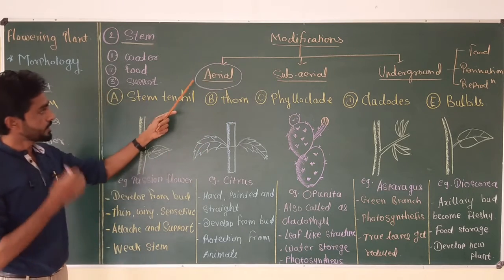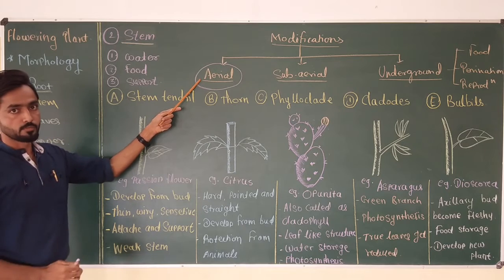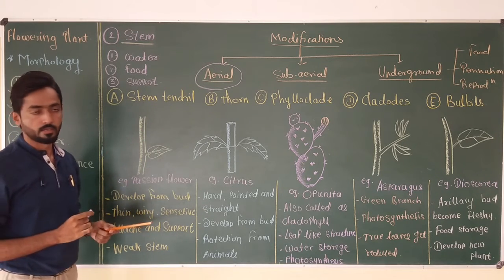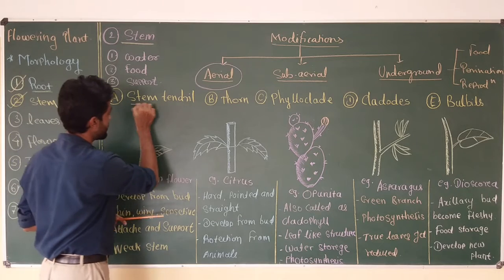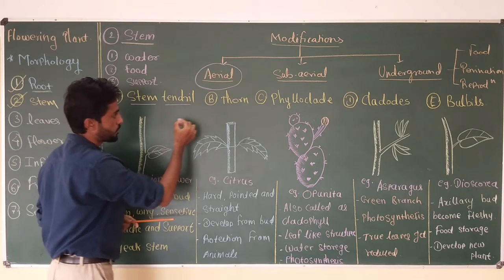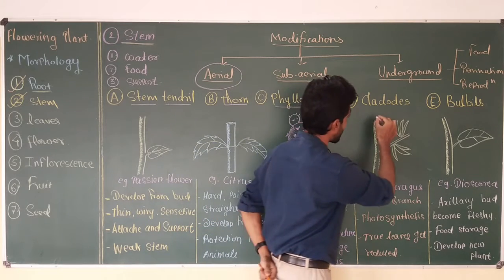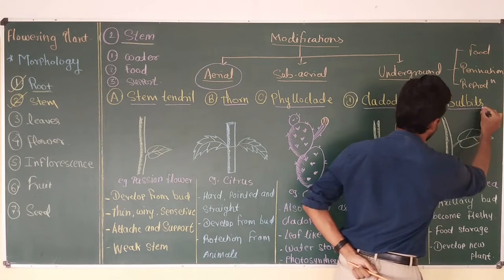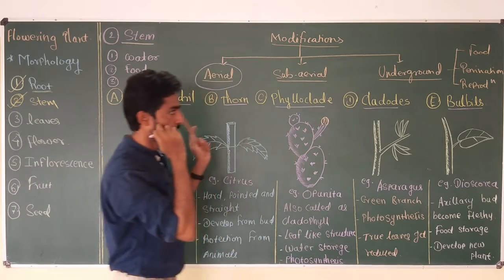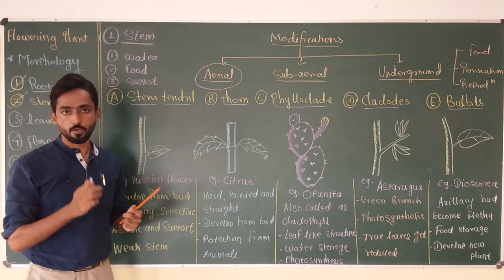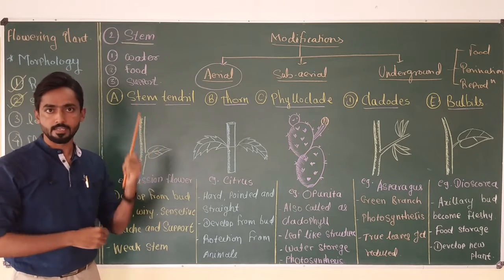Okay, if we consider aerial modifications of the stem, five different types are there. Number one is stem tendril, number two is thorn, number three is phylloclade, then cladodes, and bulbils. So these five different types of aerial modification are observed in the stem. We are going to discuss all these five in this lecture one by one.